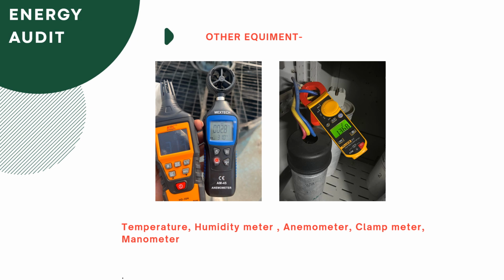Friends, why do we use an anemometer? Please do comment and check why we use an anemometer. This is the homework for you. And this is a clamp meter. A clamp meter is used to check electrical parameters like current and voltage, and here we are checking the current of a capacitor. So these are other equipments, and more equipment is used in energy audit. Mainly these are the main equipments we have covered here.